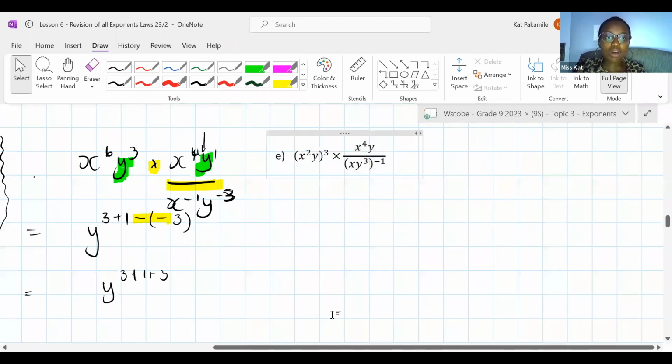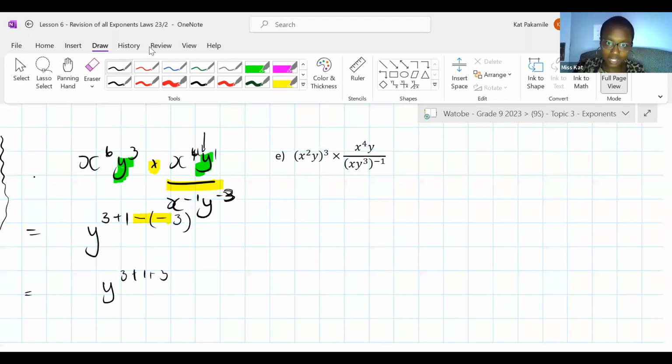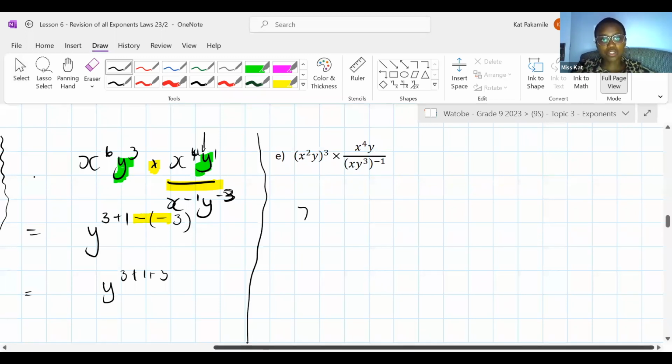Remember, there are a lot of methods in mathematics. As long as you are mathematically correct, you should be able to do this. So let's go step by step. Let's first distribute the first bracket. So you're going to have x^(2 times 3), y^(1 times 3).